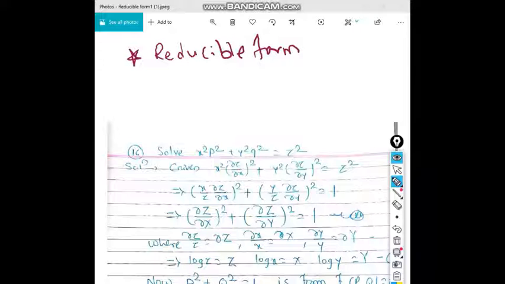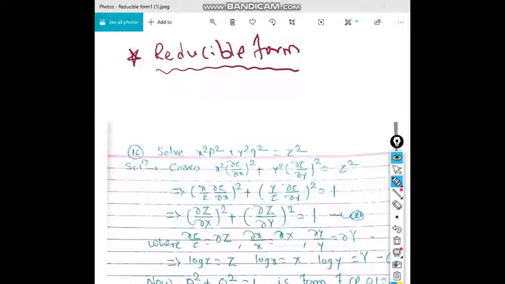And the third form we saw is x p equal to y q, where terms of x p and y q are separated on each side of the equation. And then we saw Clairaut's form. Mainly the first three are important: p q form, p q z form, and the last one, x p equal to y q form. Now, the next part is known as reducible form.